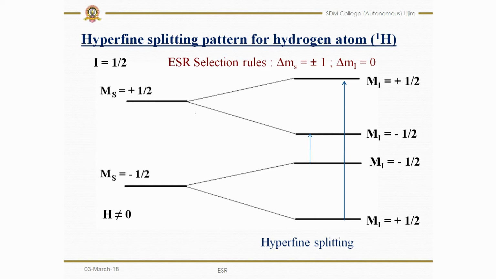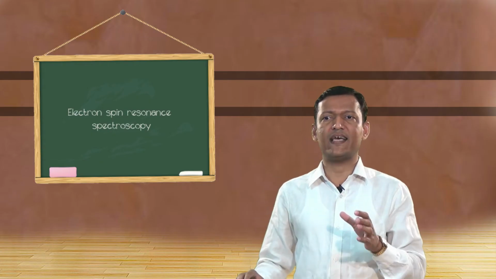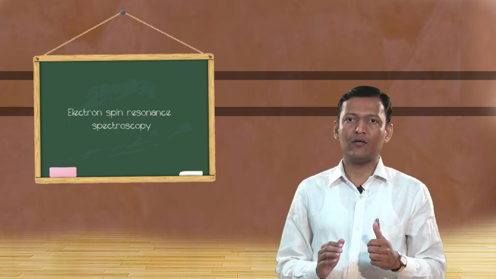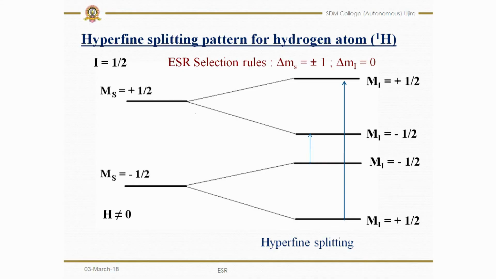Now in order to understand this hyperfine splitting, we can take the example of a proton. Here we have an unpaired electron which interacts with the nucleus having nuclear spin quantum number I equal to half. When there is no field, we find two degenerate energy levels.